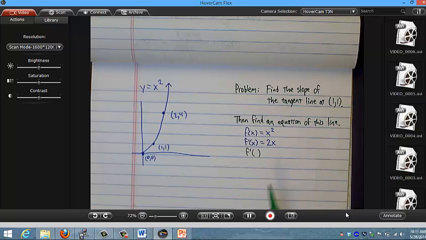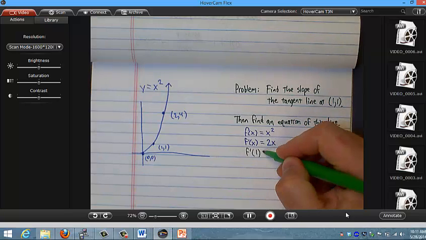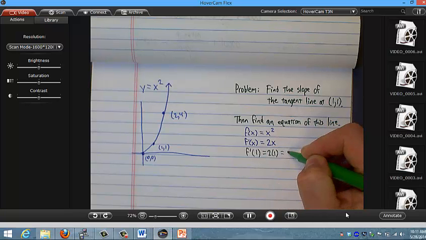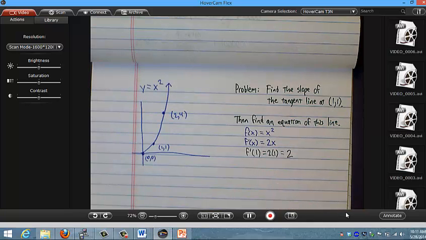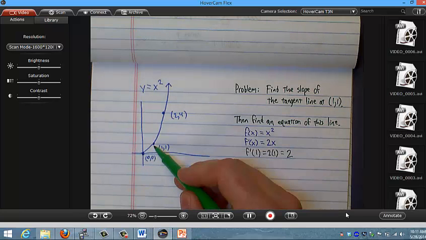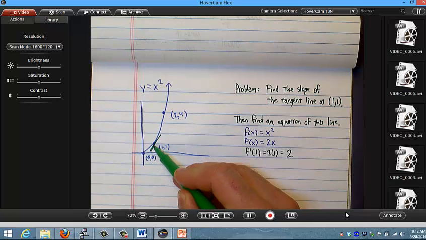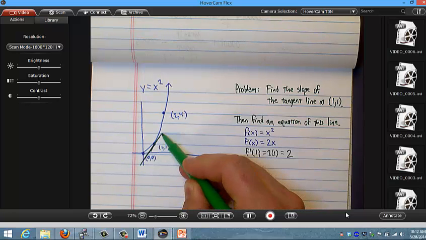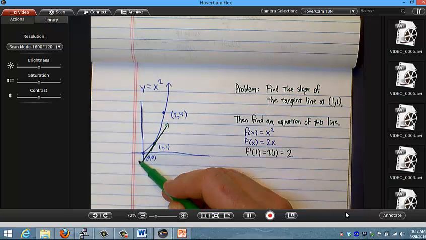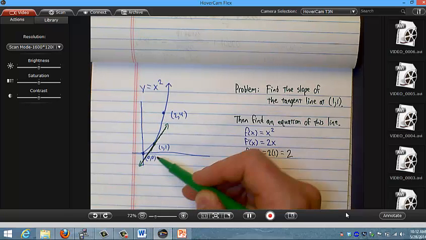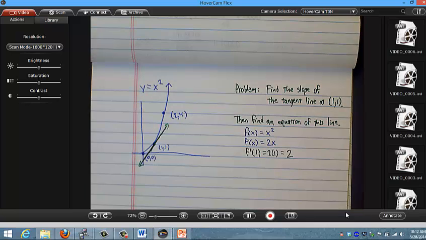And so you plug that in for x. And so you get 2 times 1, you get 2. And so what that means is, if I were to draw the tangent line here, just touching, it should have a slope of 2. That's the tangent line. Get with me? So far, so good.